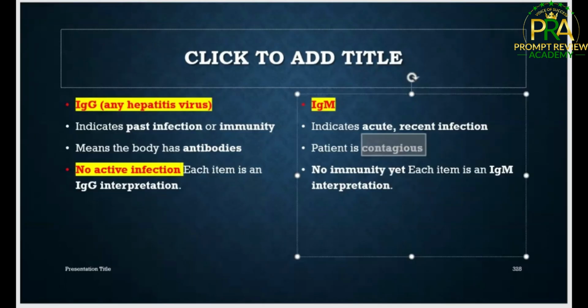It's the opposite of IgG gone. So with IgM, the patient has acute or recent infection, no immunity yet, and is contagious. That means the person is showing the symptoms at that time. Somebody that has hepatitis and is showing the symptoms at that time, that is IgM. Remember M as moment.